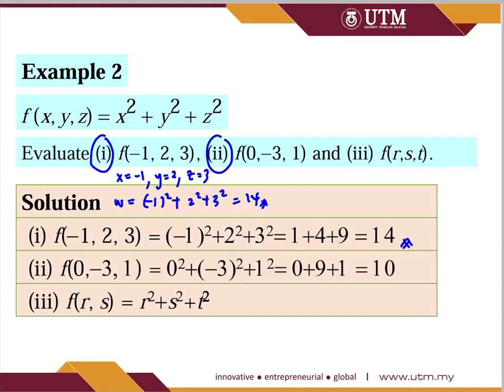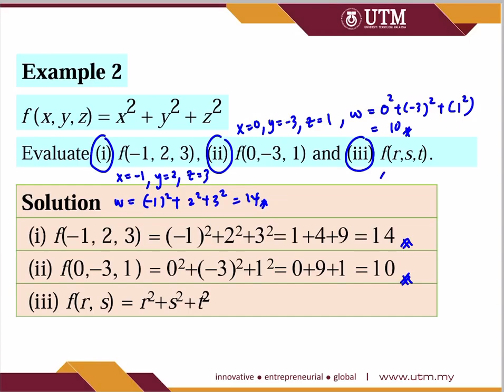For 2, X equals 0, Y equals minus 3, Z equals 1. So we substitute W equal to 0 squared plus minus 3 squared plus 1 squared. So we will obtain 9 plus 1 is 10. For 3 here, we have X equal to R, Y equal to S, Z equal to T. So our W is R squared plus S squared plus T squared.